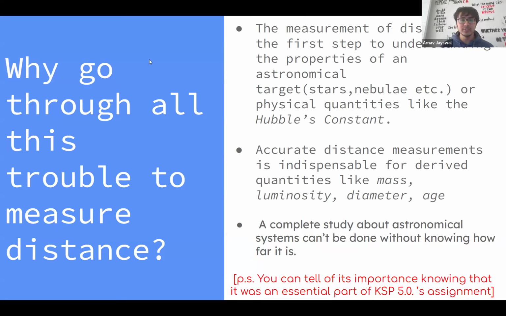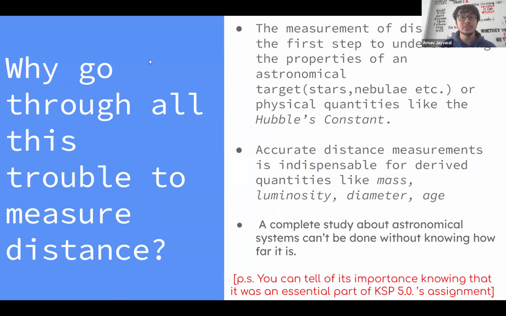The measurement of distances is the most fundamental and trivial thing which we take for granted in astronomy. Scientists and everybody just throw out big terms like this galaxy is this many million light years away and this many thousand light years away, and we just take it for granted. But we really don't know how you do that because there's a lot of nuances which go into measuring that.